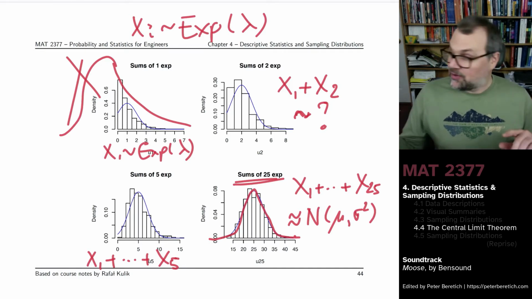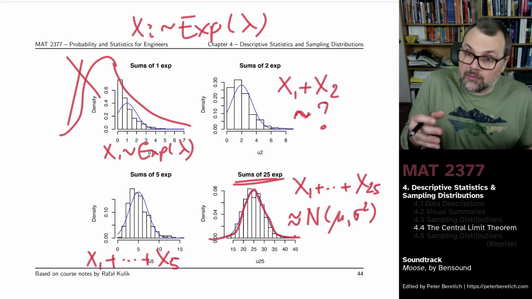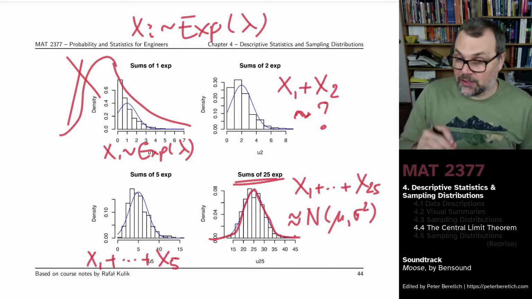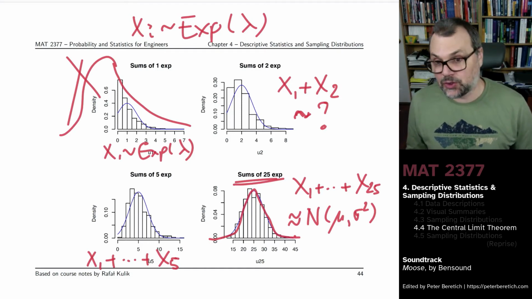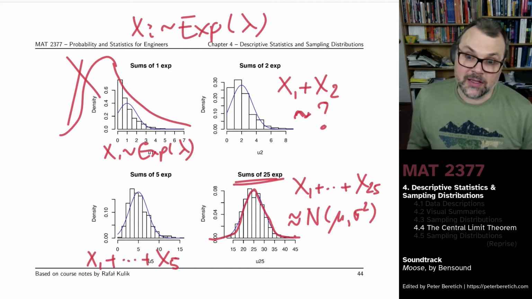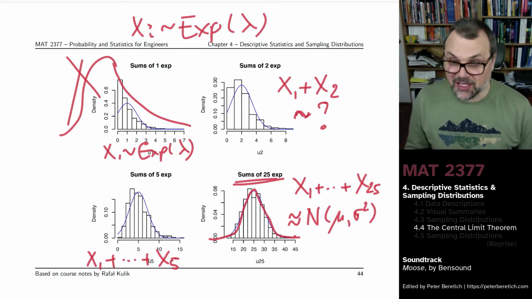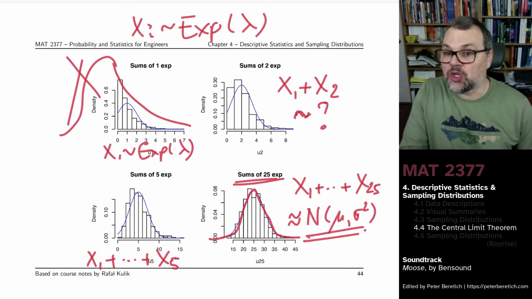If we assume that these factors are all independent from one another and they all go into creating the output of one run of the experiment, it's not completely far-fetched to assume that the total effect of all these things, roughly speaking, behaves like a normal distribution, assuming you have enough of it.